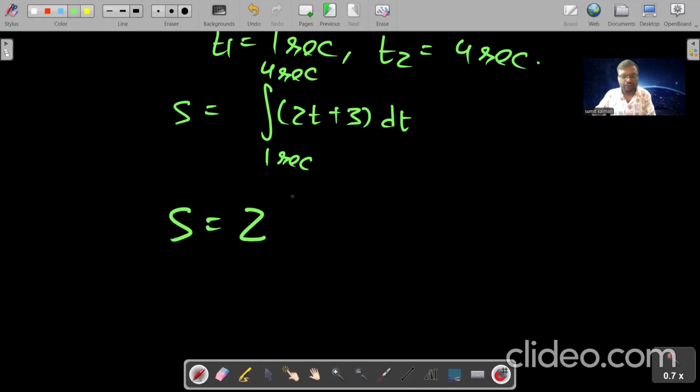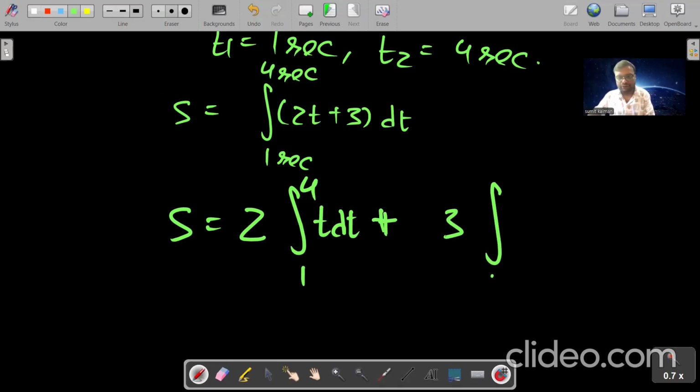Then, students, from 1 to 4, we have to integrate t with respect to t, plus 3 we will keep outside, and from 1 to 4 it will be dt.